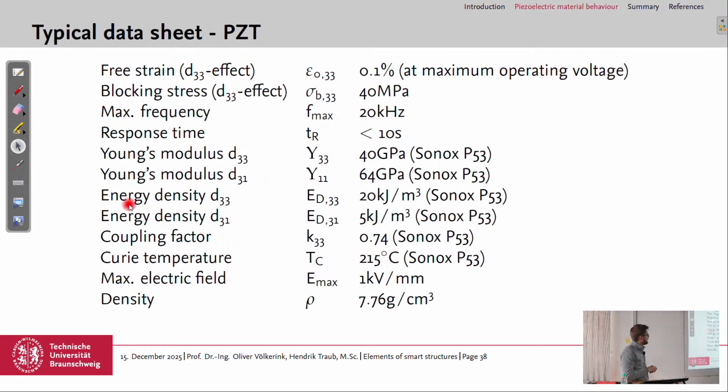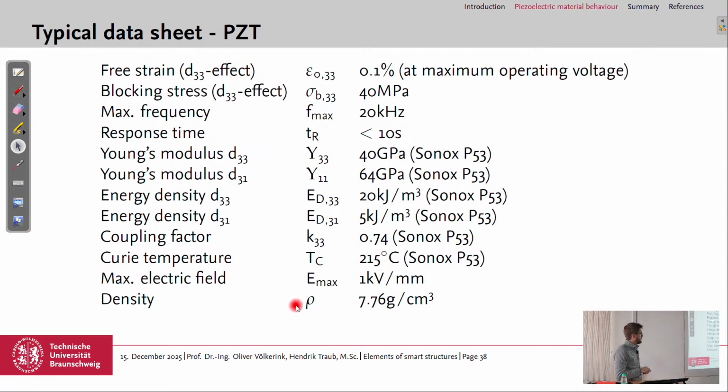The energy density is different between the two effects. Then the coupling factor is 0.74 in this case, so not the 0.9 we have with a single crystal, but with this polycrystal we can achieve coupling factors up to 0.74. The Curie temperature is 215 degrees, so this is the maximum temperature at which we can operate the structure.